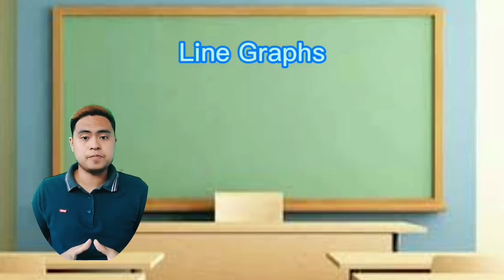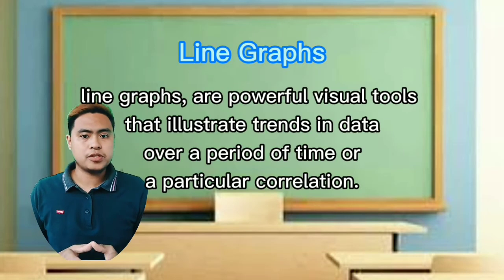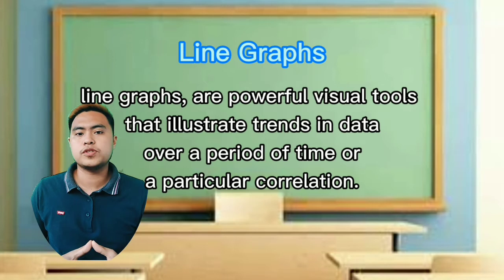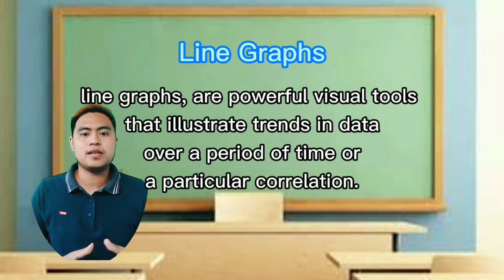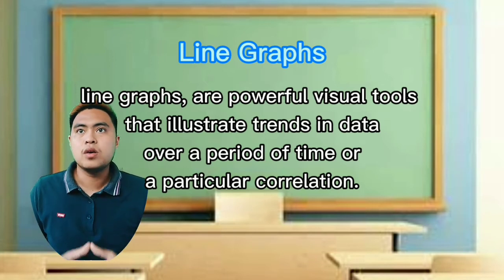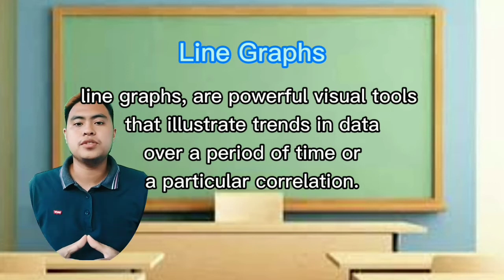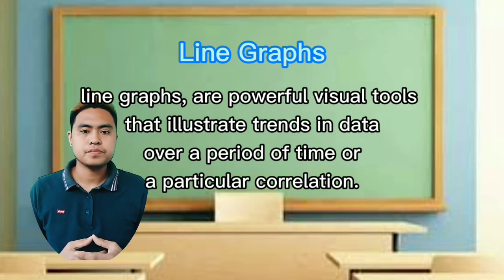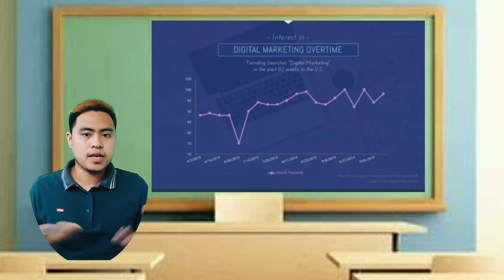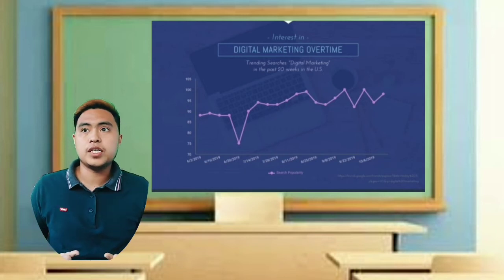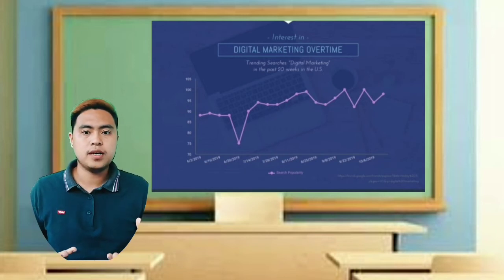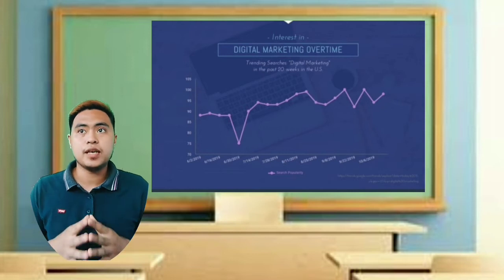First is line graphs. Line graphs are powerful visual tools that illustrate trends in data over a period of time or a particular correlation. For example, one axis of the graph might represent a variable value while the other axis often displays a timeline.